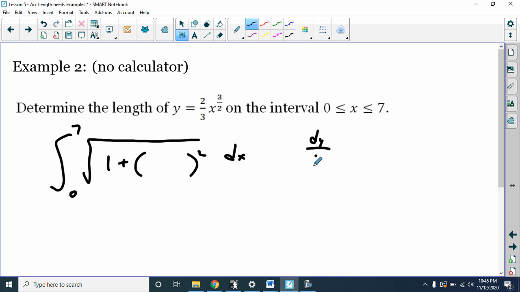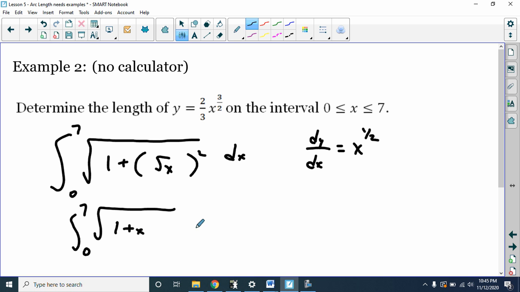So we need the derivative. Derivative of this, move the 3/2 out front, gives me x to the 1/2, subtracting 1 from the exponent. So we get the integral from 0 to 7 of the square root of 1 plus x.